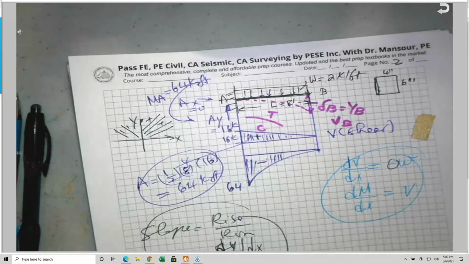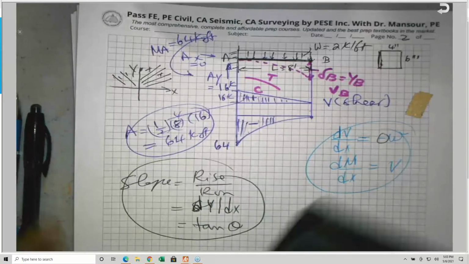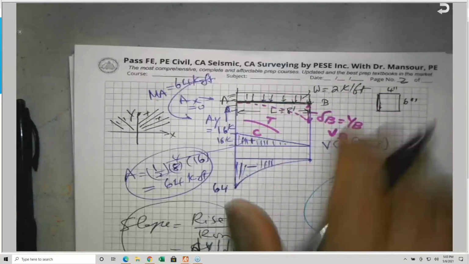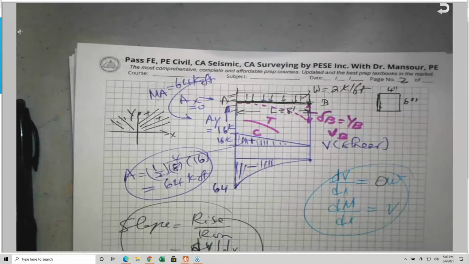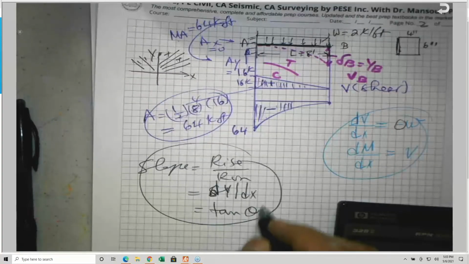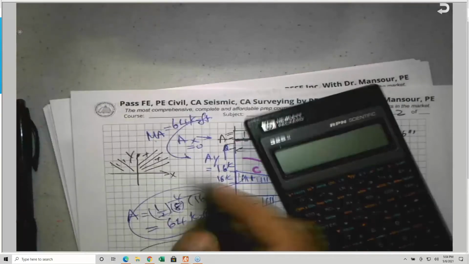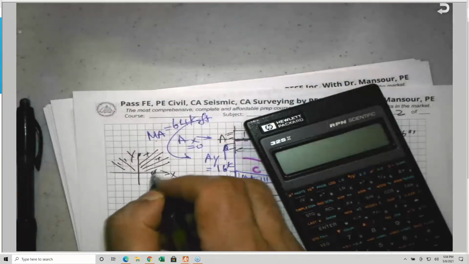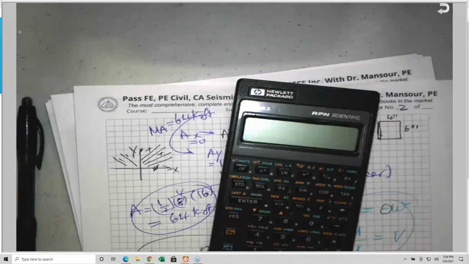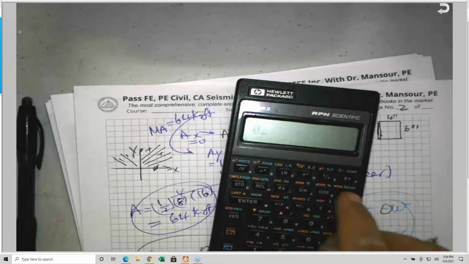This is why if you have your calculator, and I hope that all of you already set whatever calculators you are going to use, we use a tangent. If you use tangent theta, where theta is the angle with the x, you'll find that this line here, x, has a zero slope, by the way. So if you enter the angle 0 and say tan, it will give you 0.